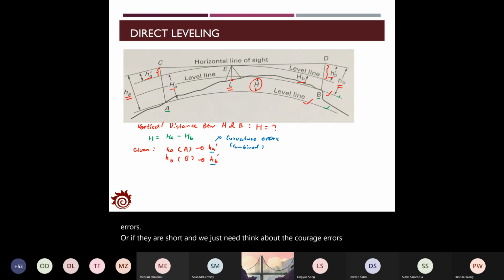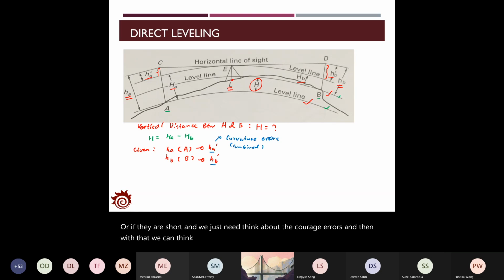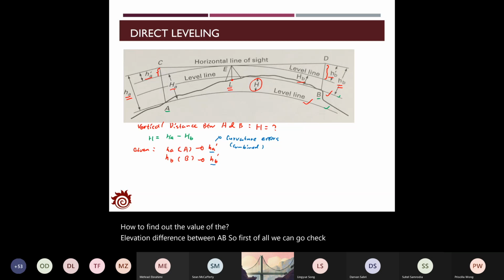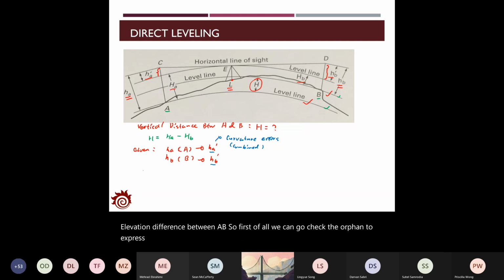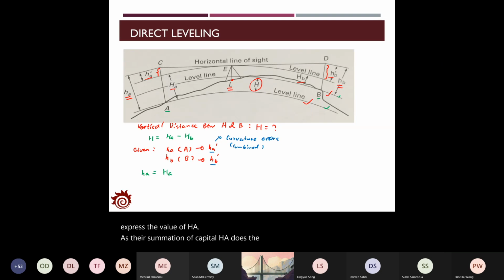And then with that, we can think about how to find out the value of the elevation difference between A and B. So first of all, we can express the value of little ha as the summation of capital HA, that's the elevation from two horizontal lines, plus HA prime, that's the curvature error.